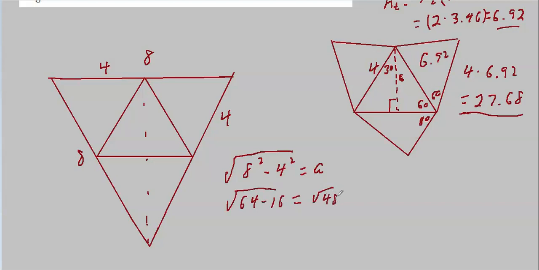Okay. If this altitude is the square root of 48, I think I can write that as 4 times the square root of 3, that'll be 16 times 3. You pull out the 16 and get 4 times the square root of 3. That's this altitude here. If we multiply that by 8 and divide by 2, that'll be the base times the height divided by 2.